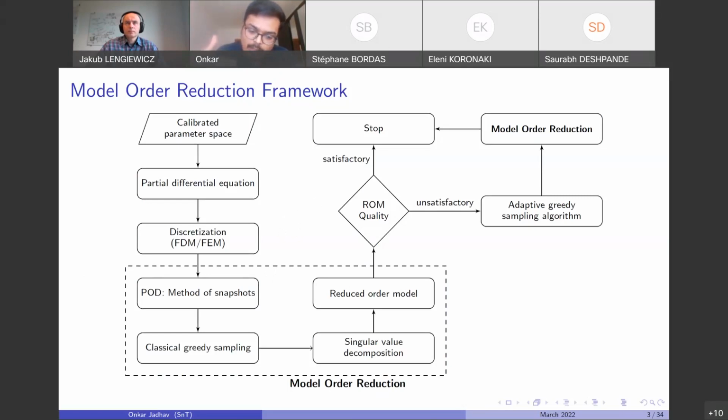I'm not talking about the online phase. In the offline phase, it is computationally costlier than the normal POD because you are performing the singular value decomposition twice and you're solving the nonlinearity separately. So this is sometimes quite computationally costly, but this is all related to the offline phase.